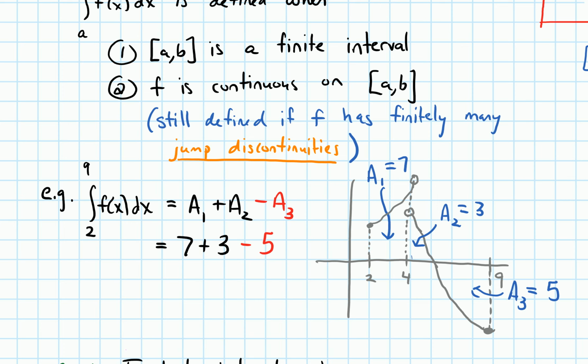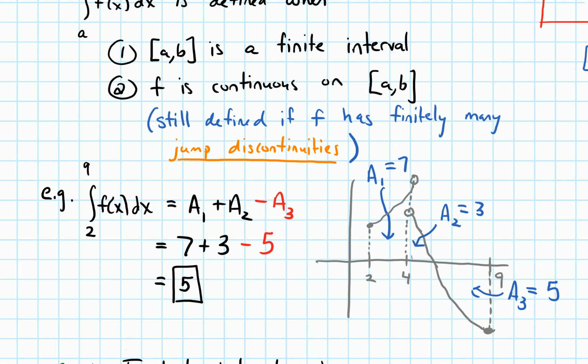Evaluating this, we get 5. So it's possible for us to handle these definite integrals when we have jump discontinuities like this. Essentially, we would split up our integral at those places where the jump discontinuities occurred, and then handle each of those smaller intervals in the same way that we typically handle a definite integral.